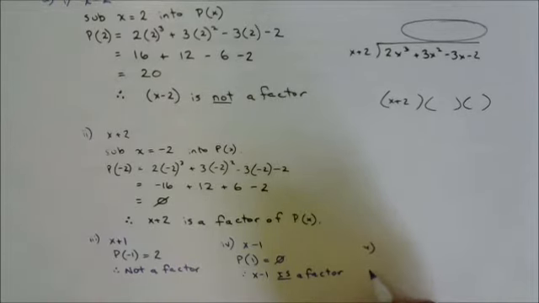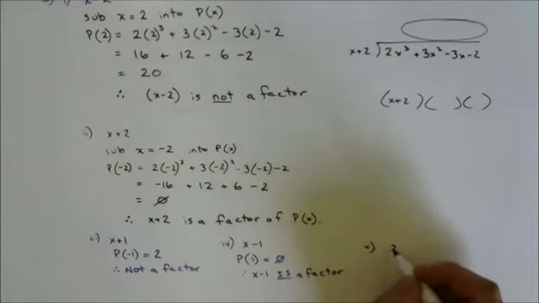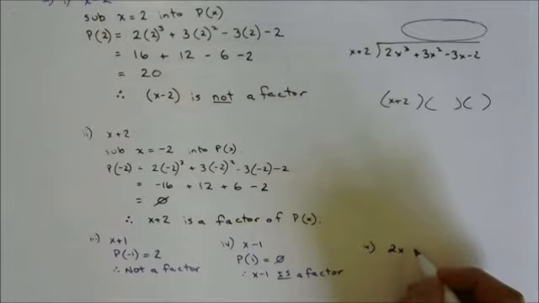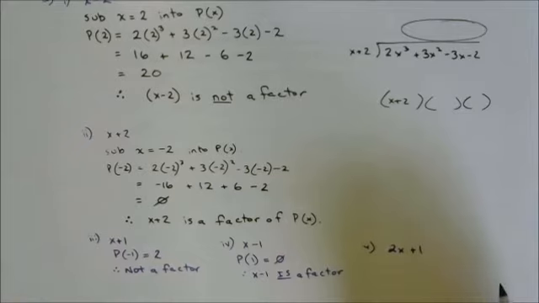Let's go to our fifth one. The fifth one is 2x plus 1 is the factor that we're testing. Now we're applying the second statement in the factor theorem, which says that ax minus b is a factor of the polynomial p of x if and only if p of b over a equals 0. And remember here, it's ax minus b.